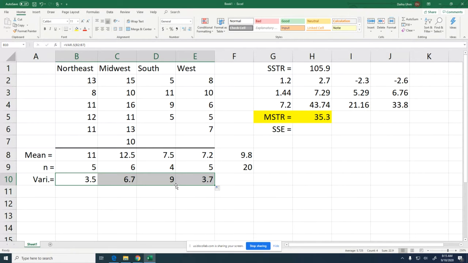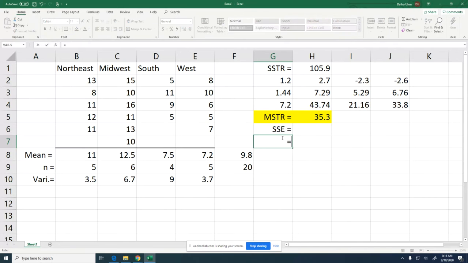Then we can take all the si squares. So now I have to take n minus 1 times the variance.